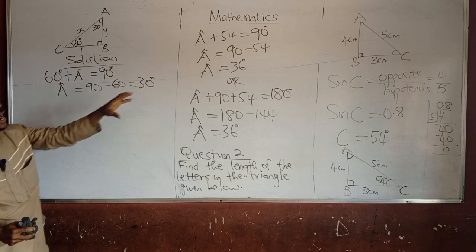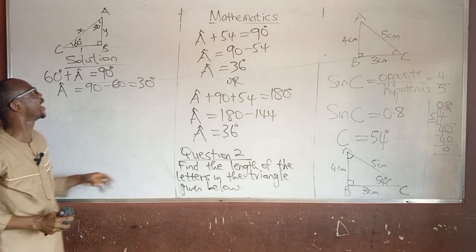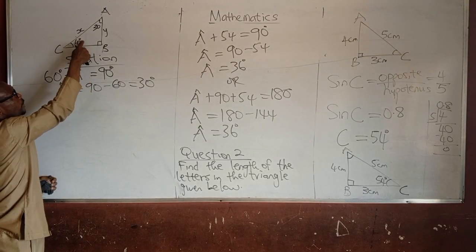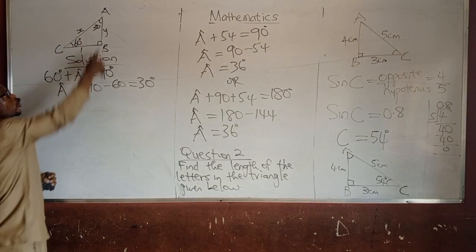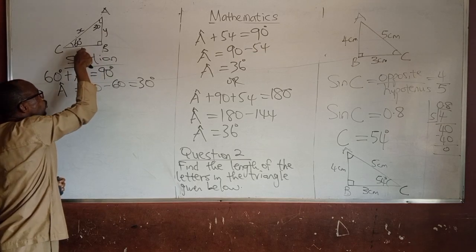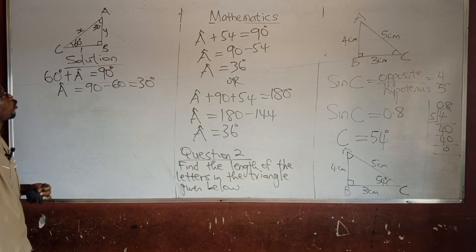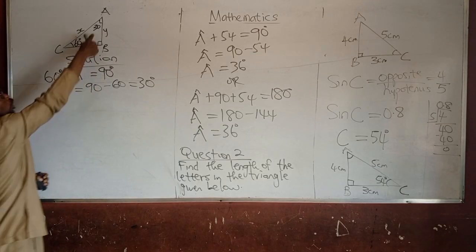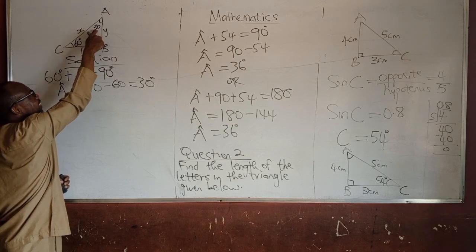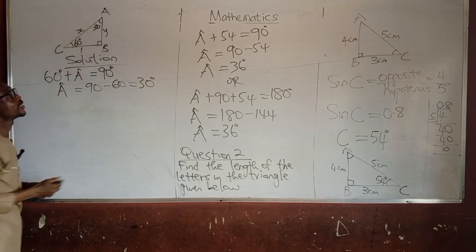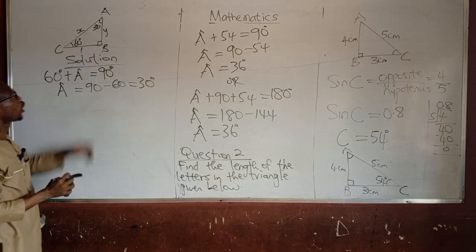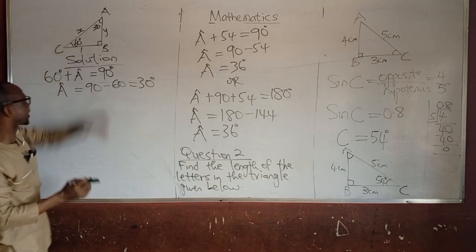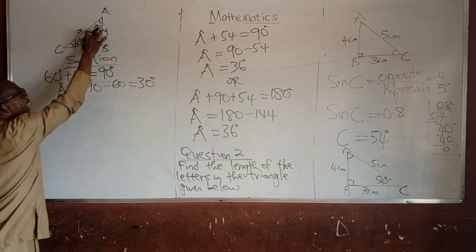So we will go back to our trig ratios again. We know this angle to be 60. We know this side to be 1 here. How do we relate them? We can also relate with this 30. Let me consider angle 30 now.